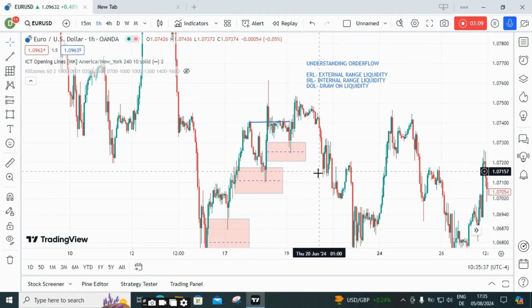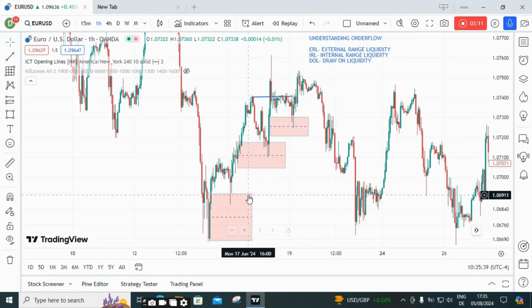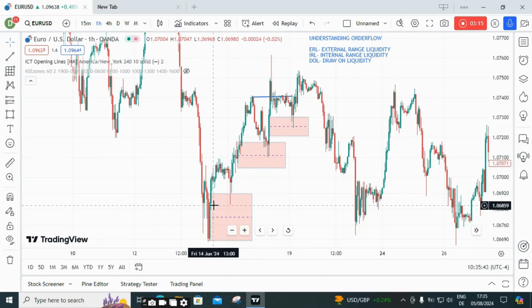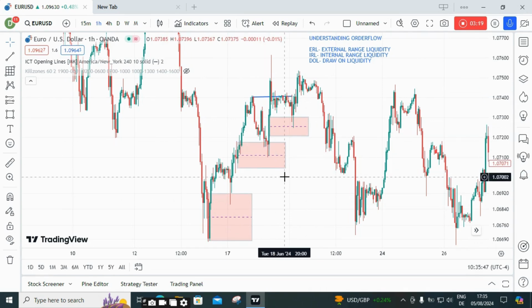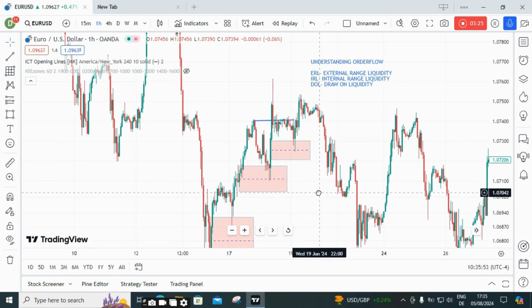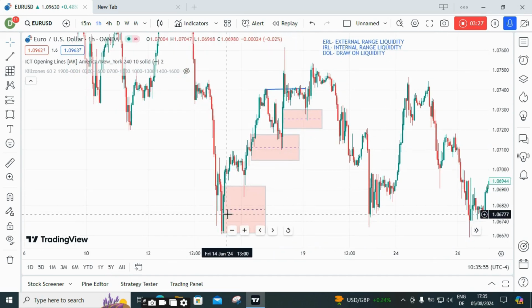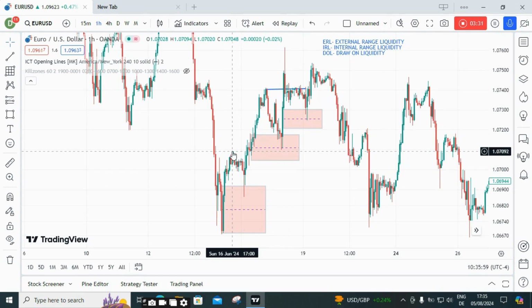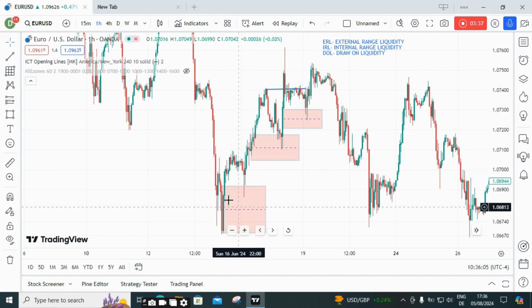So we clearly see when the market is taking higher highs in an uptrend, it is creating more order blocks or fair value gaps to come and retest for it to go higher. So what is our draw on liquidity in these three scenarios? In the first place, when the market was trading higher, we really had no draw on liquidity, not until it came and retested this order block.